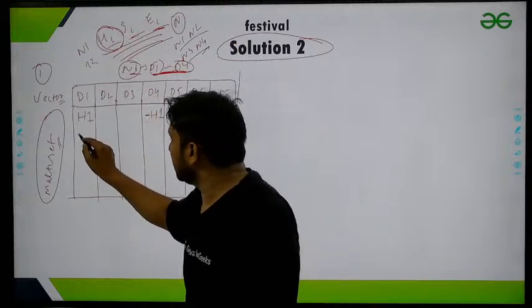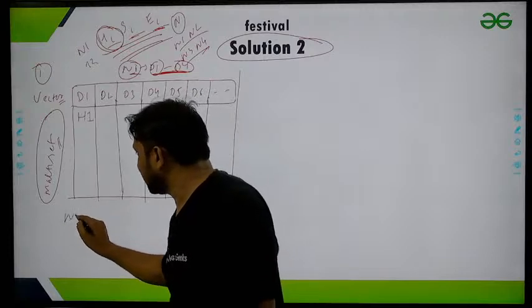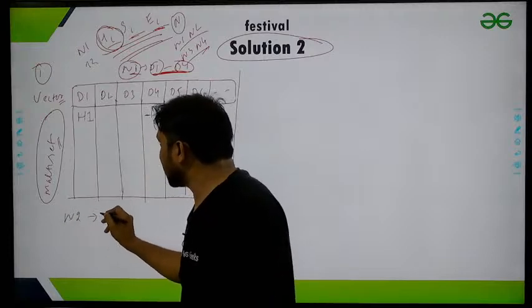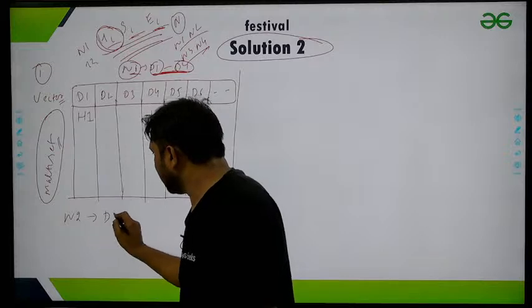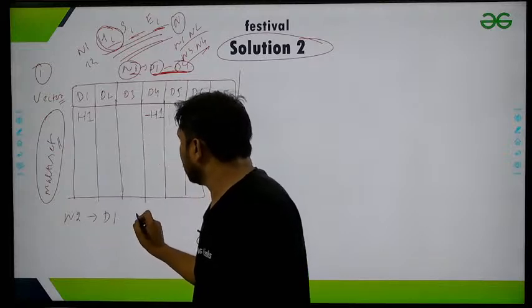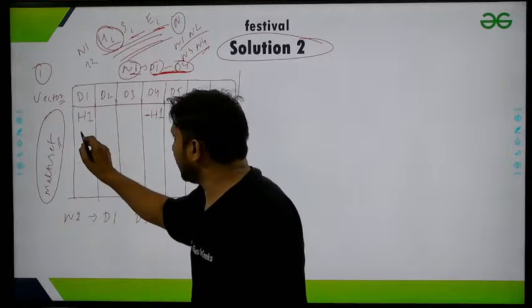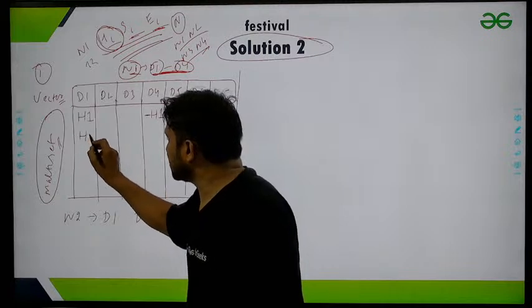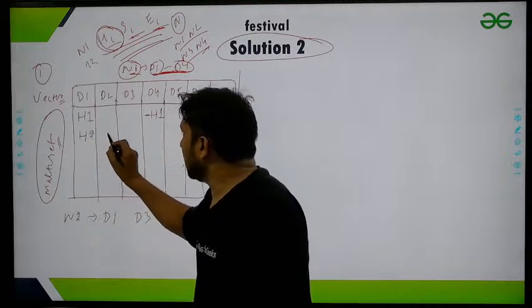Let's take the second event, n2. Suppose n2 starts on d1 and ends on d3. So I will write its happiness as h2, with a minus at d3 for its end.